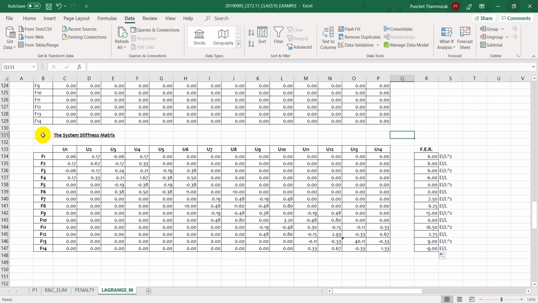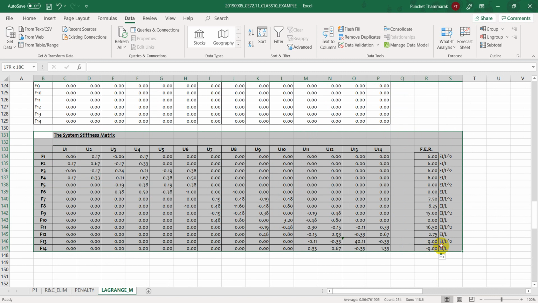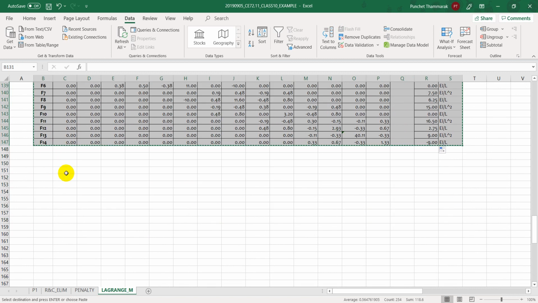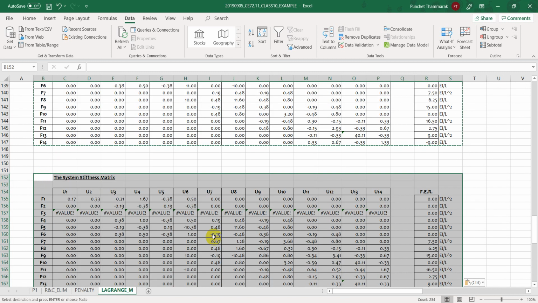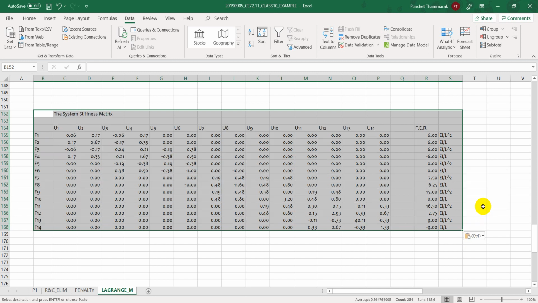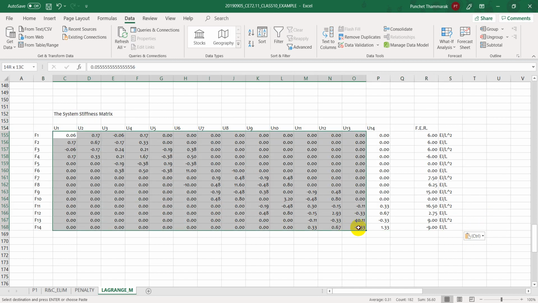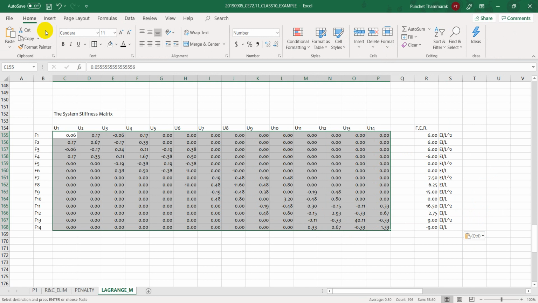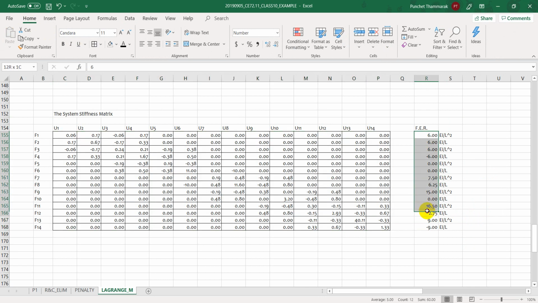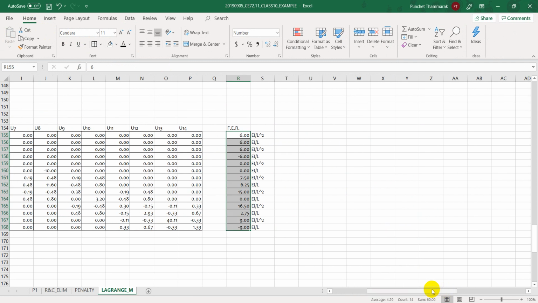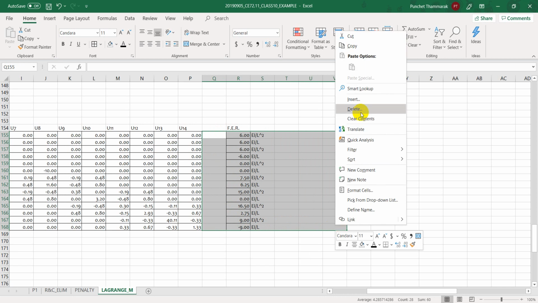So this equation, I need to add the row and column. So we have 5 supports and one more hinge to connect. 1, 2, 3, 4, 5, 6. Insert.